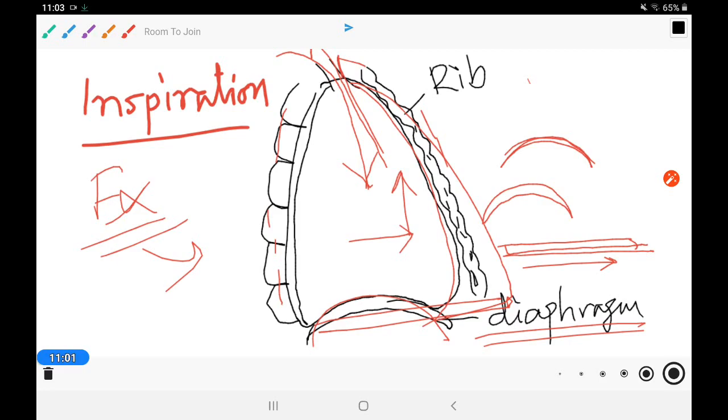The increased lung volume has low air pressure, so that air gets inside our lungs, and after the exchange takes place, in the expiration process it again turns into its normal shape. In this curved state it becomes shorter and pressure will increase, so that air moves out from the body.